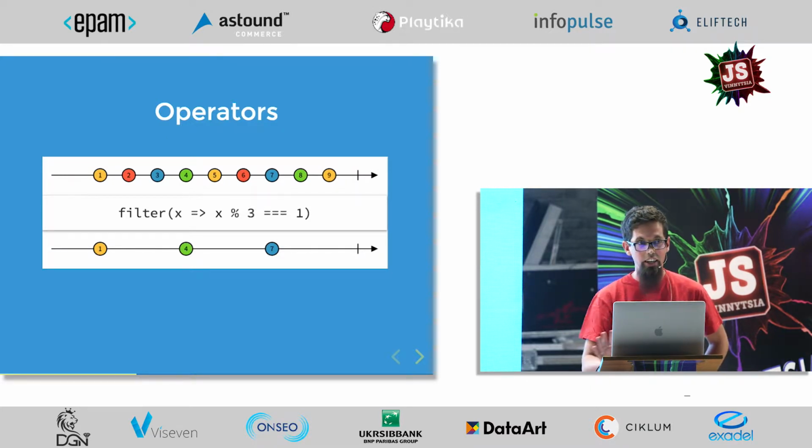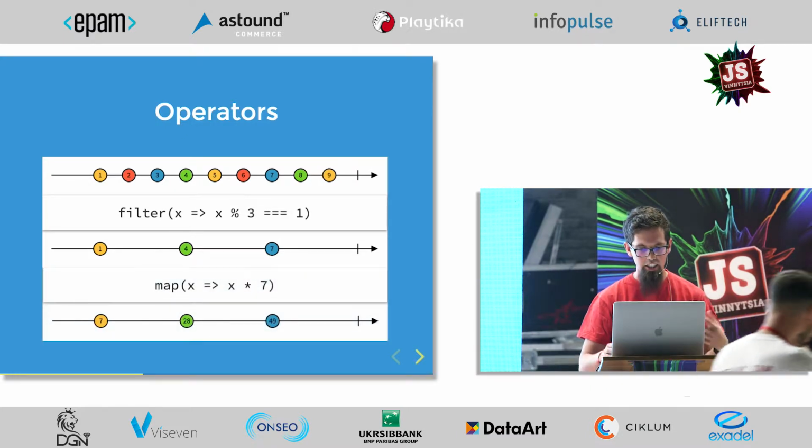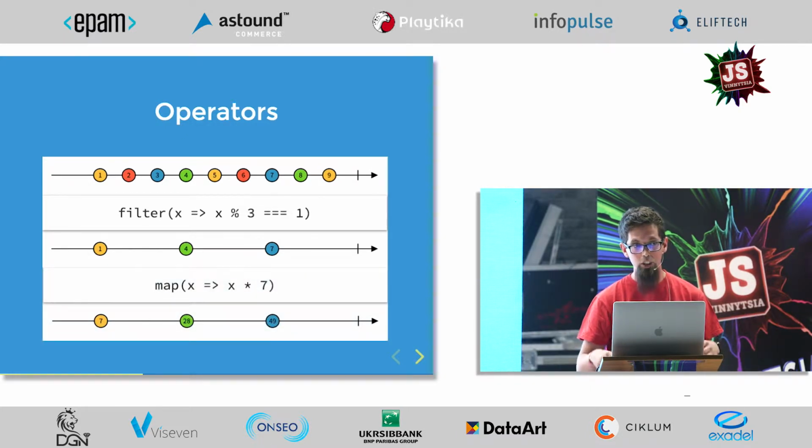It works exactly like an array function. And the cool thing about operators is that we can chain them. So right after we apply filter, we can apply another operator. In this case, we will apply a map, which basically multiplies by 7. And every operator will create another stream slightly transformed.